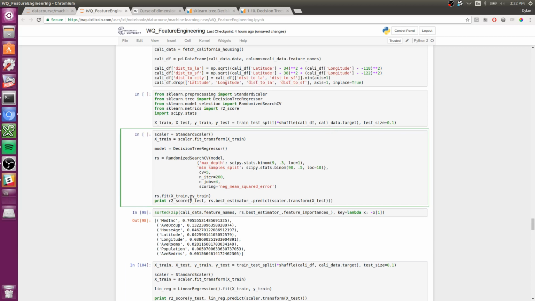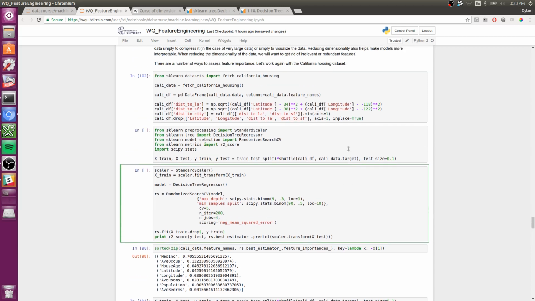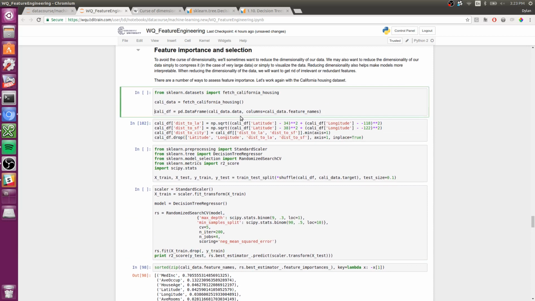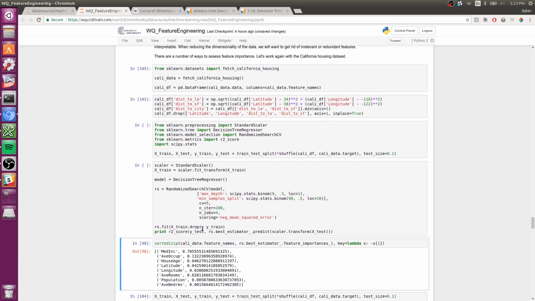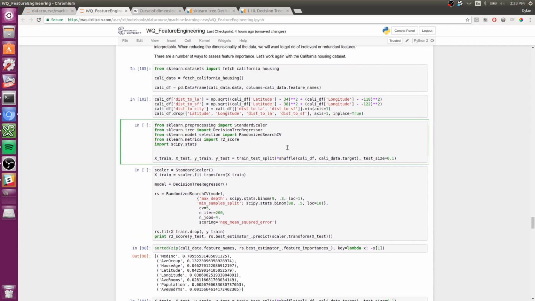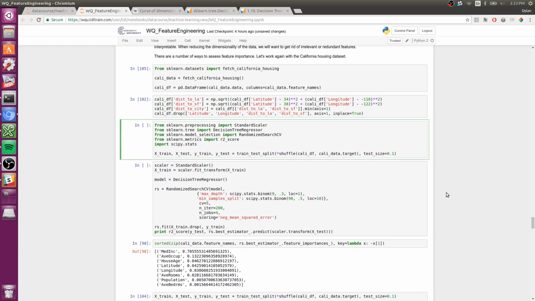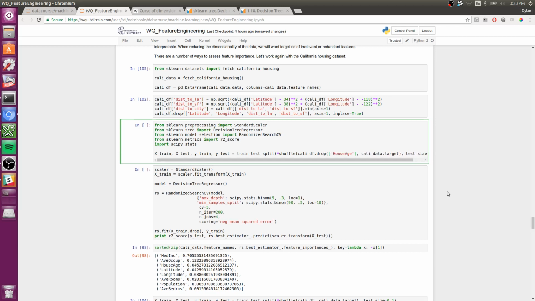So, for example, I've reloaded the California housing dataset, so we're back to the normal features. But here, where we create our training and test sets, I'm going to drop some columns. So I'm going to drop house age, since we know that one doesn't really help us.